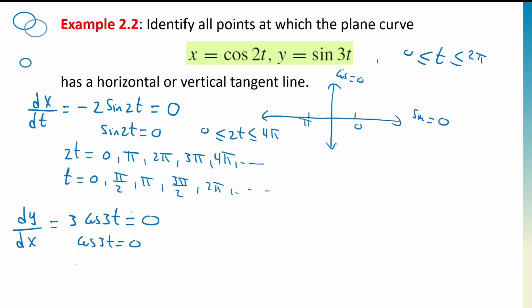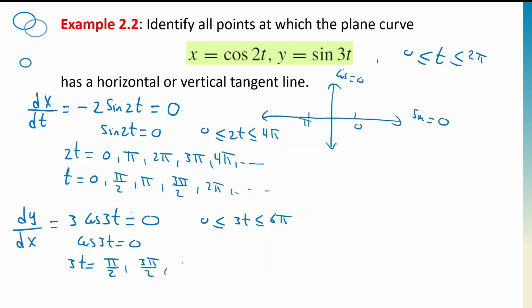What are those angles? I have pi over 2, 3 pi over 2. When to stop? This is 3t, so I need 3t from 0 to 2 pi times 3, from 0 to 6 pi. Mainly it's enough to write up to there. Then the rest will all be repeating.